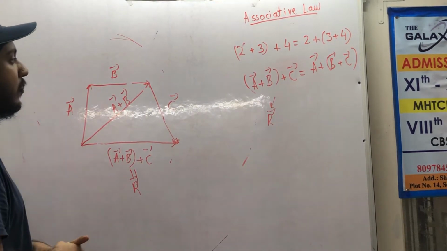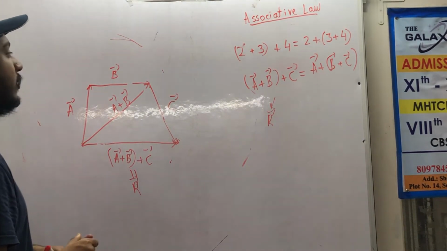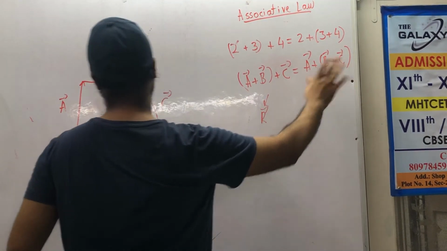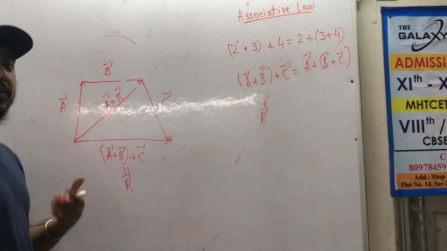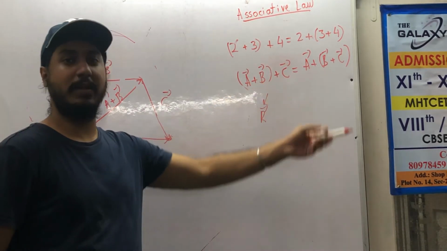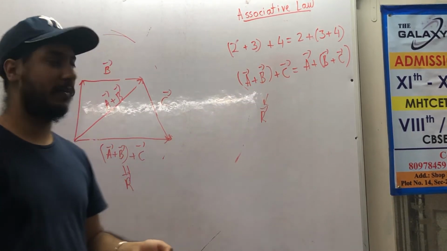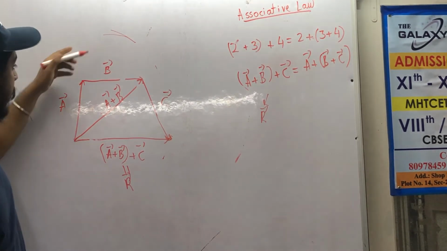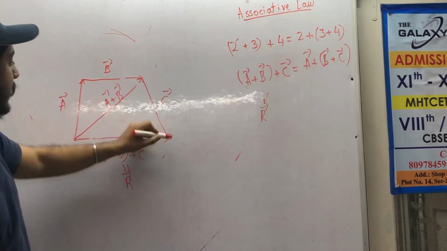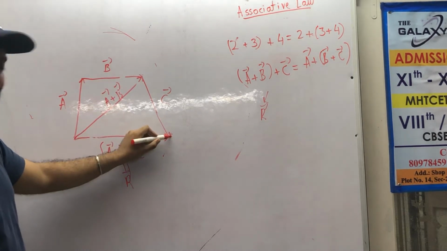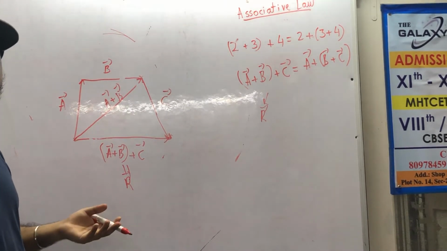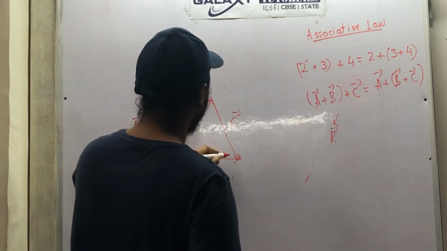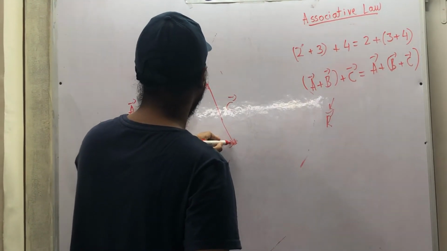Now we will look ahead. In the next case we have A plus (vector B plus C). The B plus C is in brackets, so that means we have to find the resultant of B plus C first. This vector A is here. Now we will look at vector B and vector C. What will be the resultant of B plus C? You already know, according to triangle law you can find it. So that will obviously be in this direction.